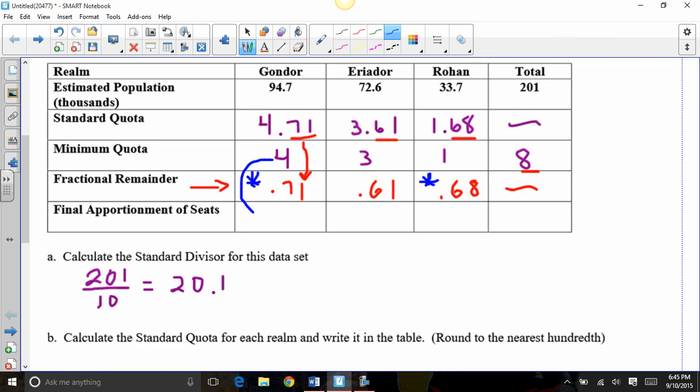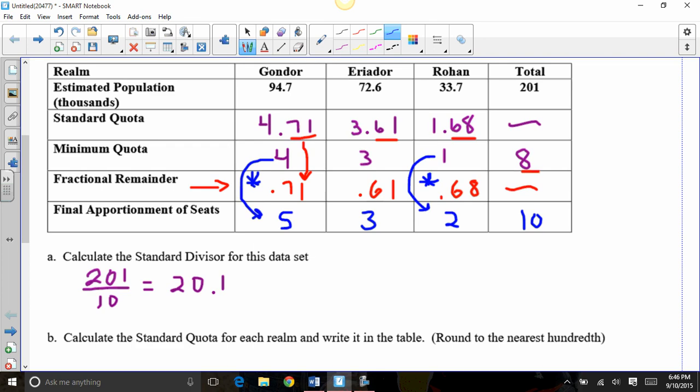So instead of it getting 4 seats, it's going to now get 5 seats. Eriador is going to stay the same at 3, and Rohan is going to go up from 1 seat to 2 seats. And if you notice now, as you add across, 5 plus 3 is 8, add 2 more, and you've got 10 seats. All 10 seats now have been allocated, and that would be using Hamilton's method for apportioning out those 10 seats. Okay.